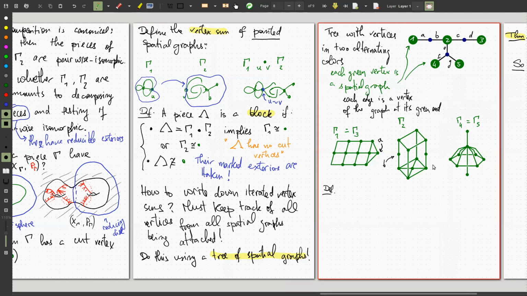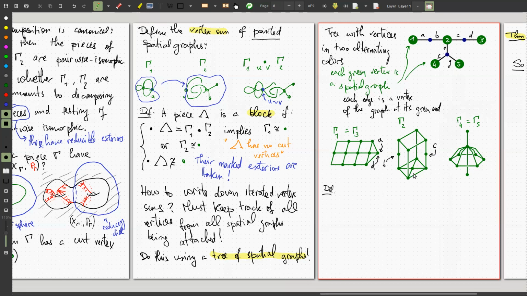Edge C corresponds to a vertex in that same graph, and I want the vertex to be this one. Edge D corresponds to a vertex in gamma 3, which is the one on the left, and I want it to be the same one as A.